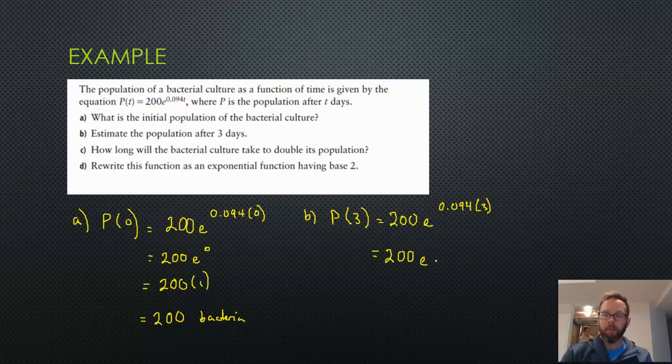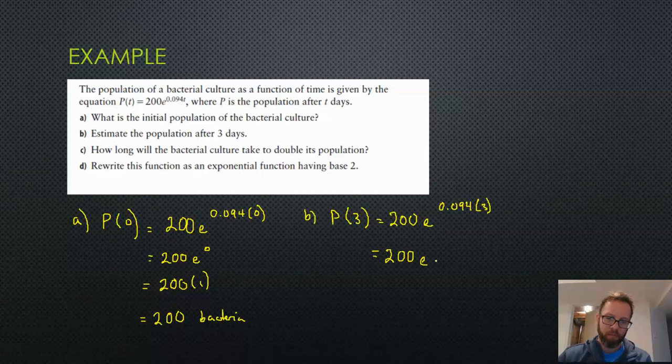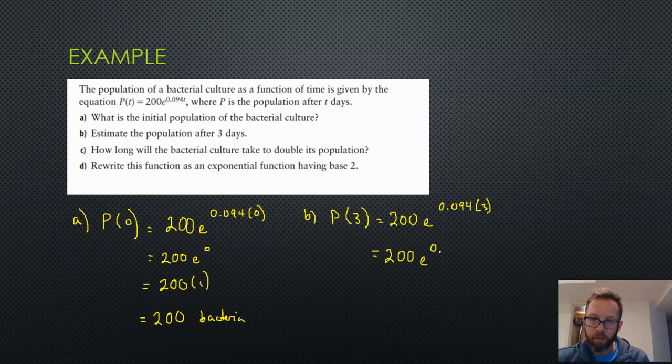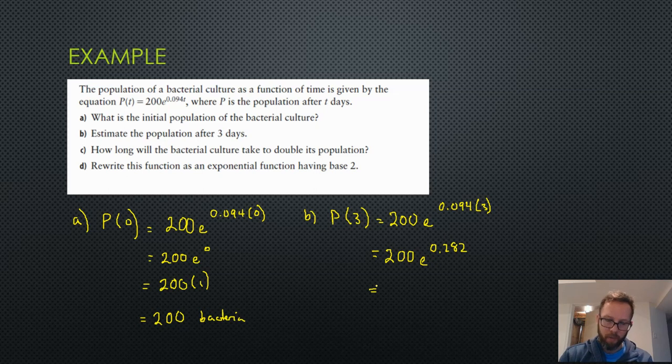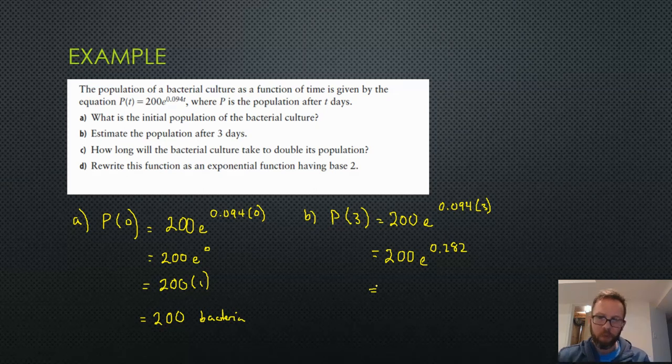Some of you, maybe like me, just want to do this in a couple steps. So it's 0.094 times 3, that's 0.282. And I'll do e to that result, 0.282, and then multiply that by 200. To the nearest whole bacteria, I got about 265 bacteria in 3 days.